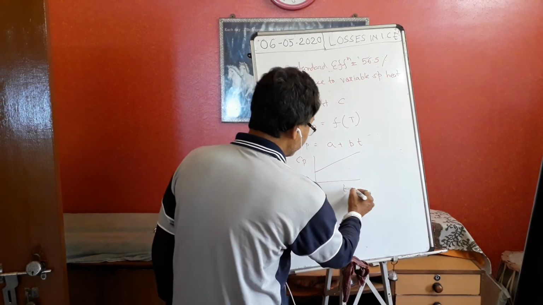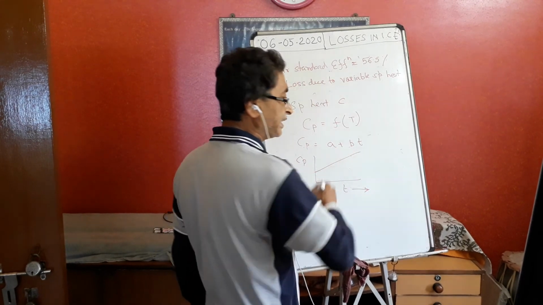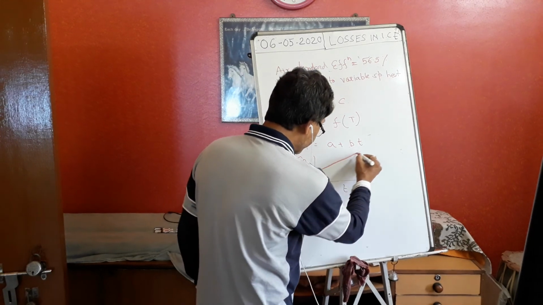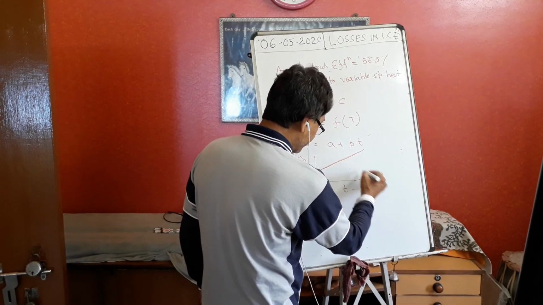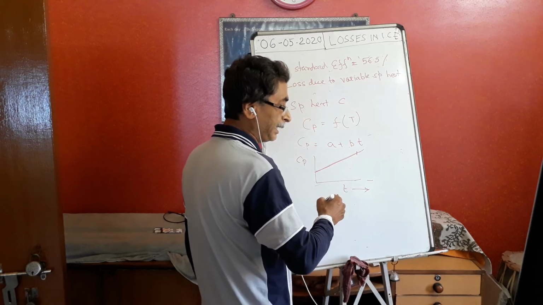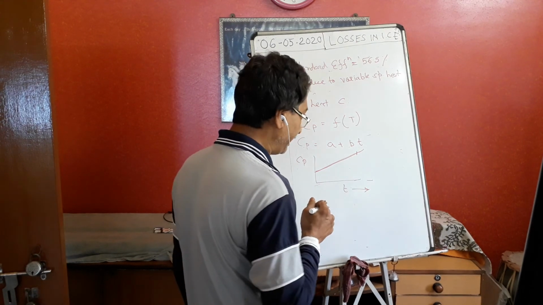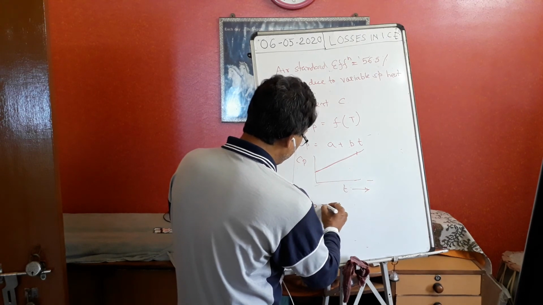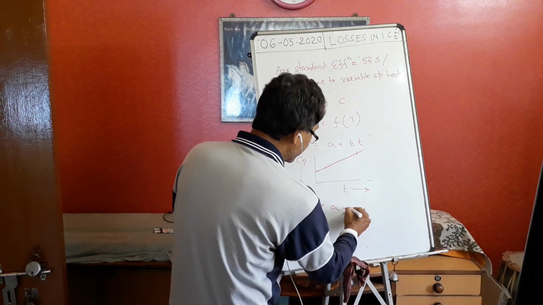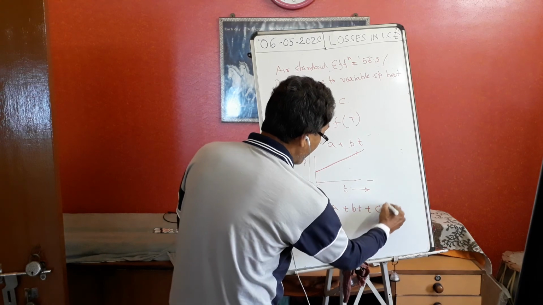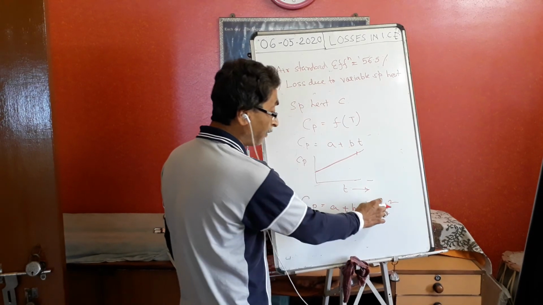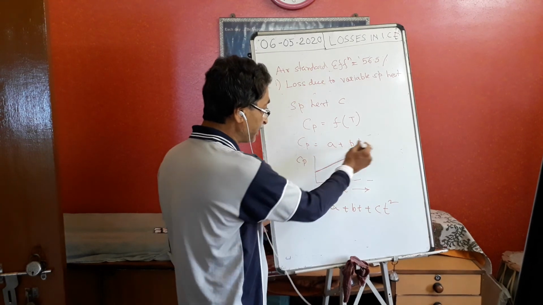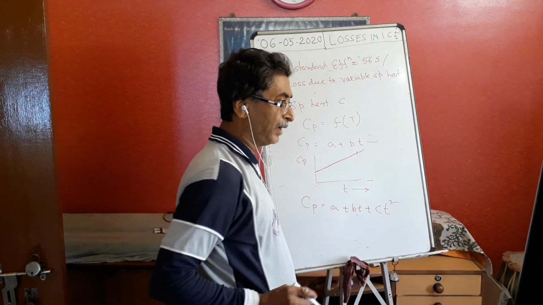So that means as the temperature increases, Cp increases, which means the temperature rise will be less. In some cases the relation is not only linear: Cp equals a plus bT plus cT squared. So this is a function of the square of temperature; the first is the linear function and this is the parabolic function.